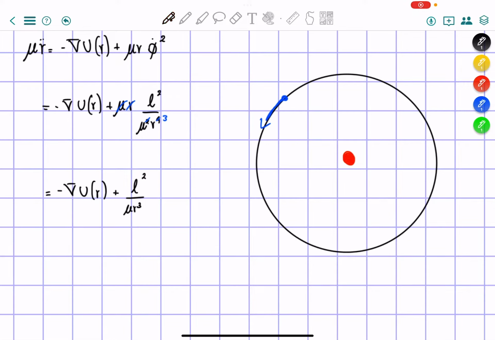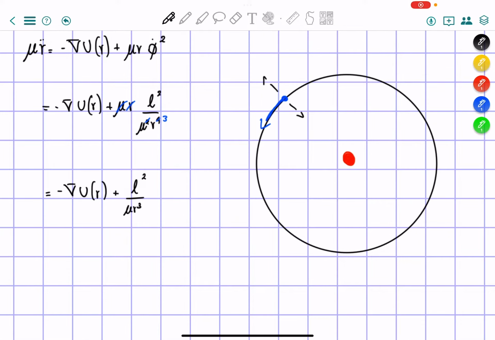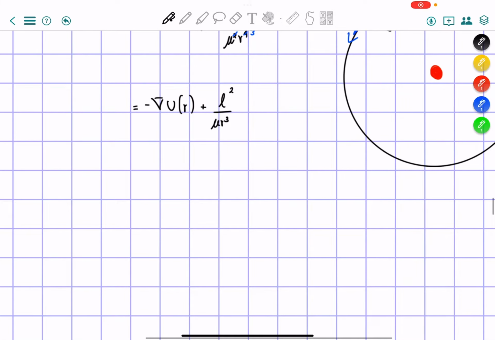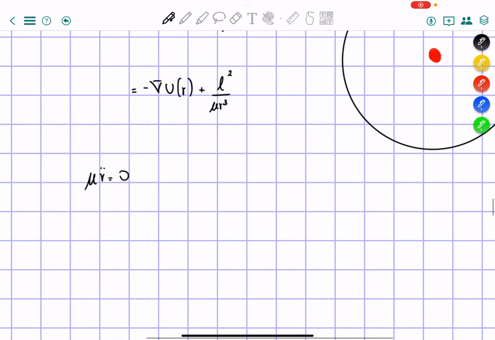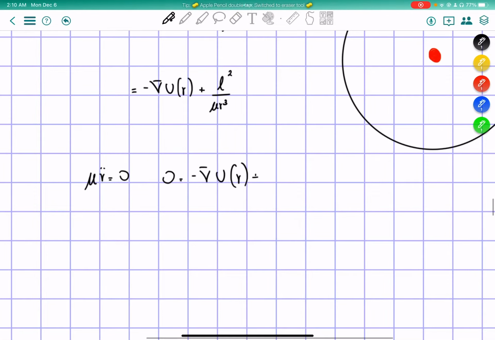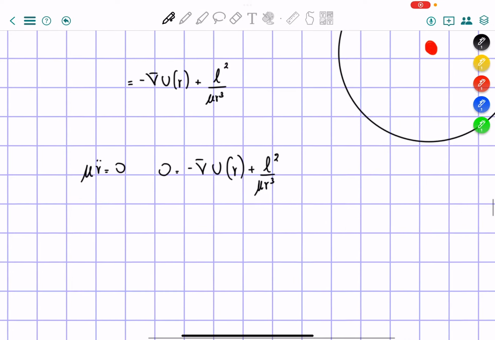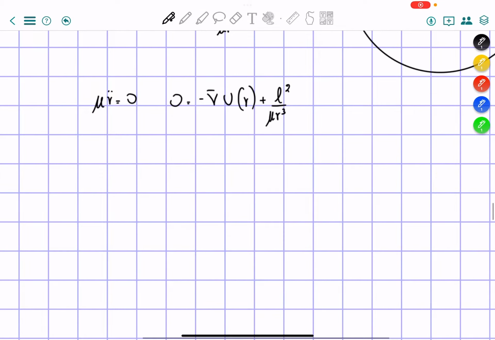This planet does not actually go farther or closer in an ideal circle. So the acceleration given by the change in radius has to be equal to 0. Therefore, we have 0 equals negative the derivative of u with respect to r, plus L squared over mu r cubed. So these two things have to be equal to each other.